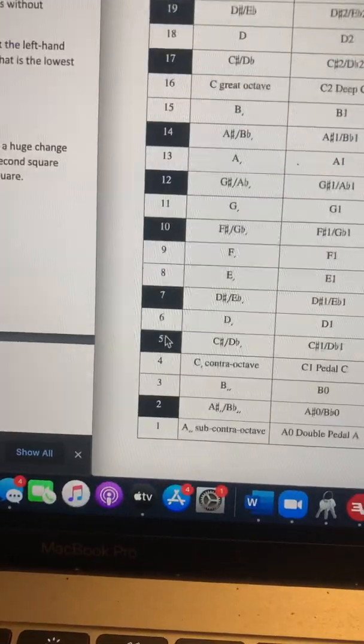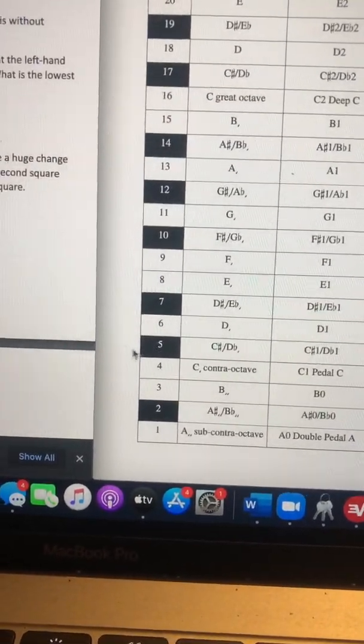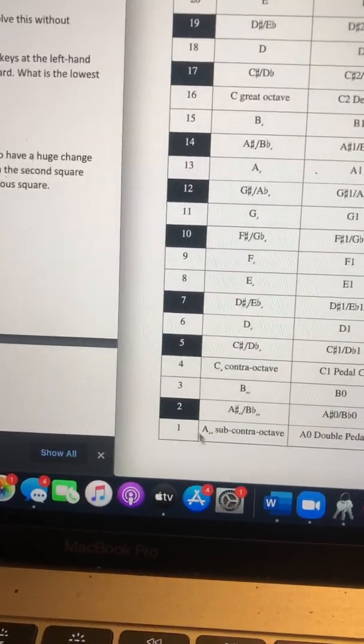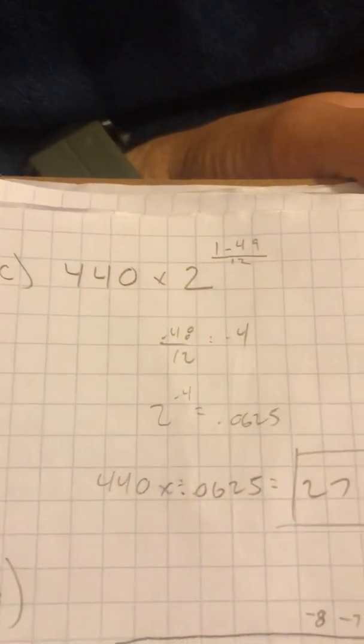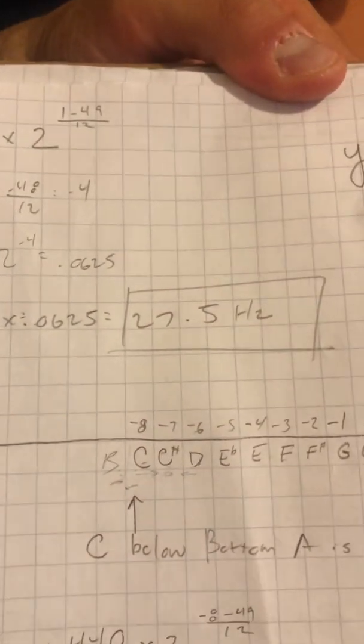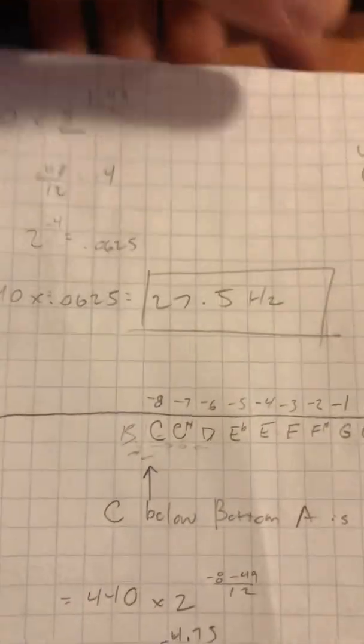But the short answer is yes, you can find the lowest note by using n equals 1 over here and plugging it into your calculator. What you end up getting is 440 times 2 to the (1 minus 49) over 12, which after you do the math equals 27.5 hertz.